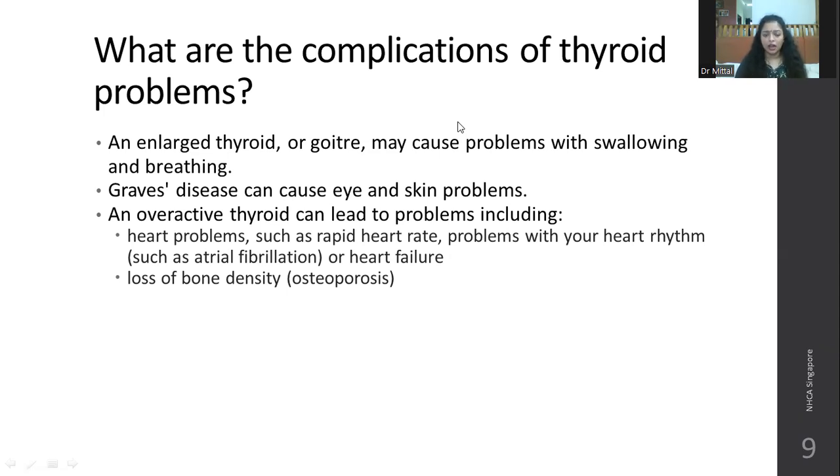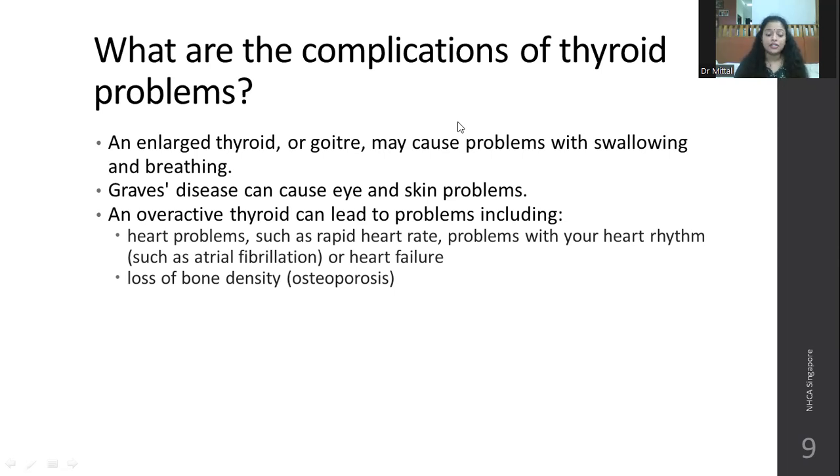In that situation, every human being who responds to the social environment will feel chest palpitations. But in hyperthyroidism, for no reason at all, even when you're sitting stress free, heart palpitations will be there. Heart problems such as rapid heart rate, problems with your heart rhythm, cardiac arrhythmias, atrial fibrillation, or heart failure in extreme cases can take place.